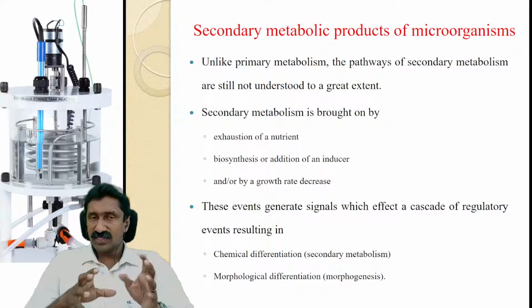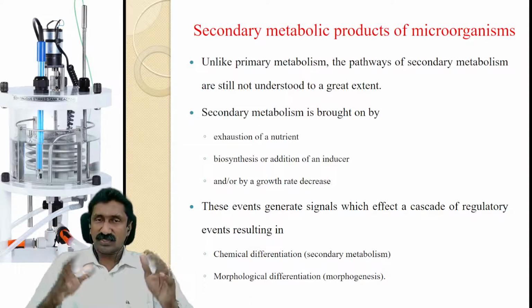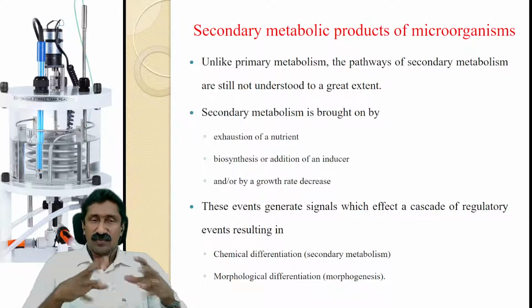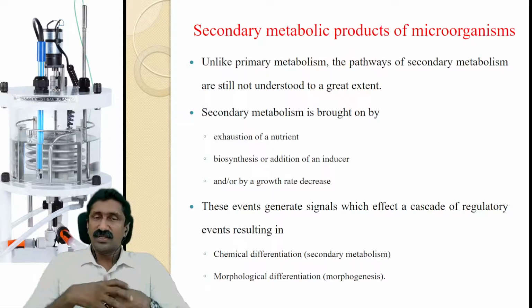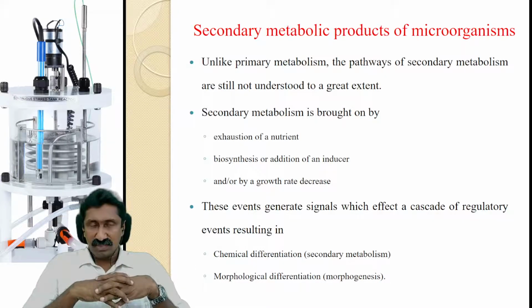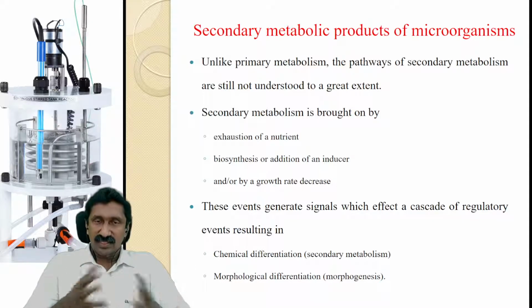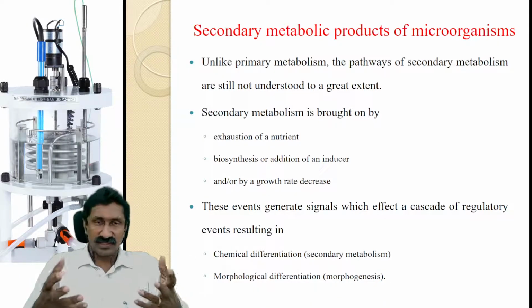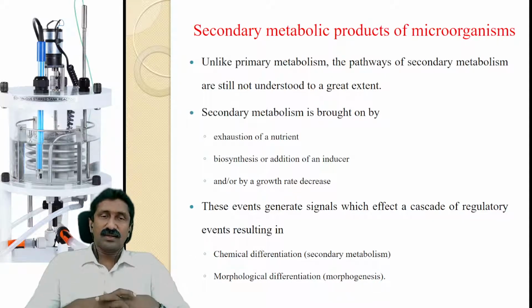The chemical differentiation means the expression of the entire cassette or the set of genes that is required for the concerned enzymes for the secondary metabolite production. And the morphological differentiation is the changes of the growth, like production of the aerial hyphae, etc. So that will be resulting from the secondary metabolite gene activation.